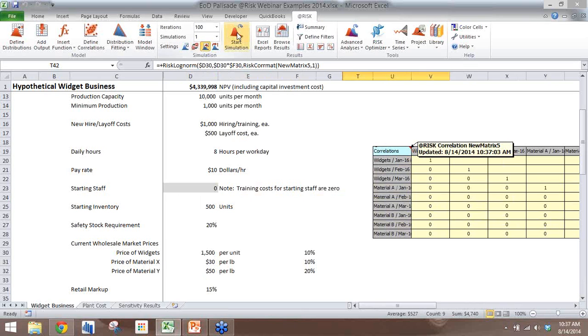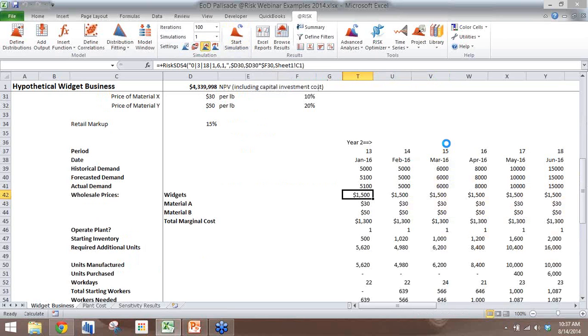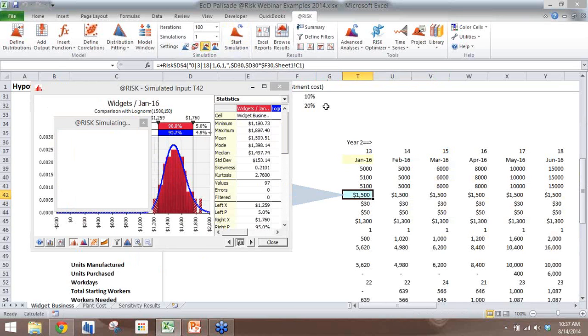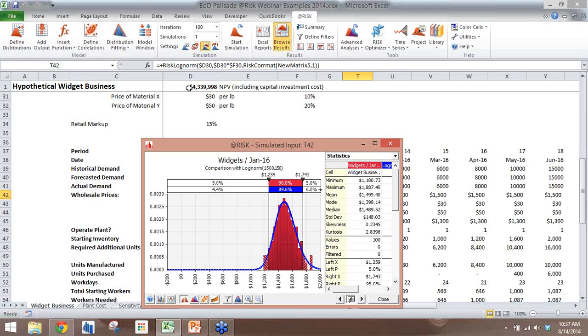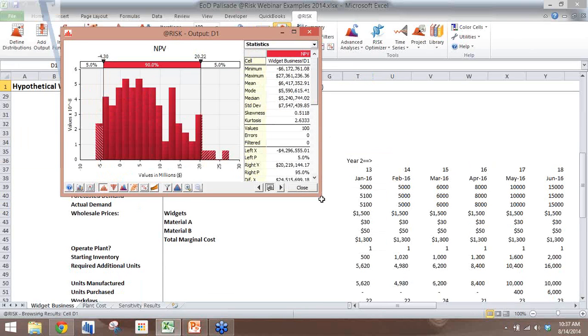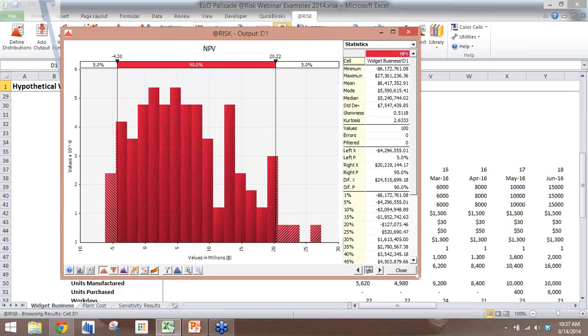What I'm now going to do is run the model with my key NPV output. And we now have this nice distribution, which right now is fairly lumpy because we ran this with just 100 iterations.